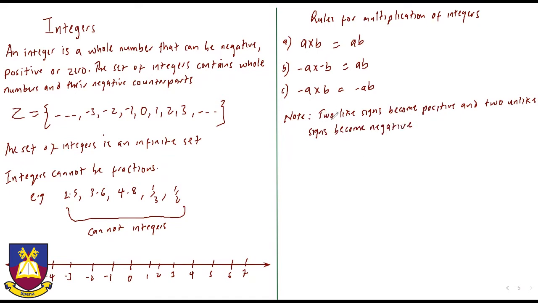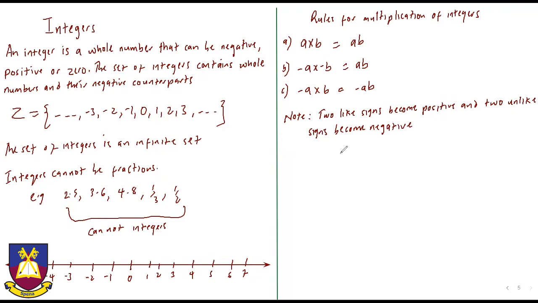Two like signs become positive. That means if I multiply a positive by a positive, I get a positive, or a negative by a negative. As long as the signs are the same, I still get a positive. Then if I multiply unlike signs, a negative by a positive, I'll get a negative. This could be an easy way to memorize the multiplication of integers.